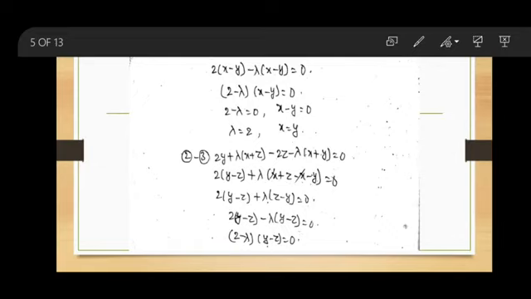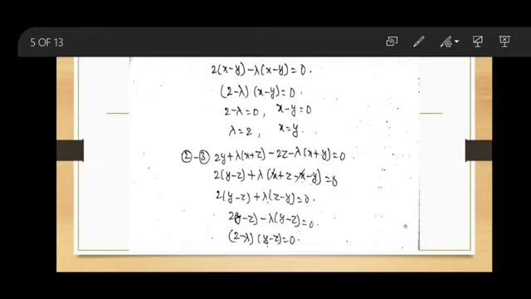So we have 2 minus lambda into x minus y is equal to 0. That means 2 minus lambda is equal to 0, and x minus y is equal to 0. So 2 minus lambda equal to 0 means lambda is equal to 2, and also x minus y is equal to 0. From that we write x is equal to y.